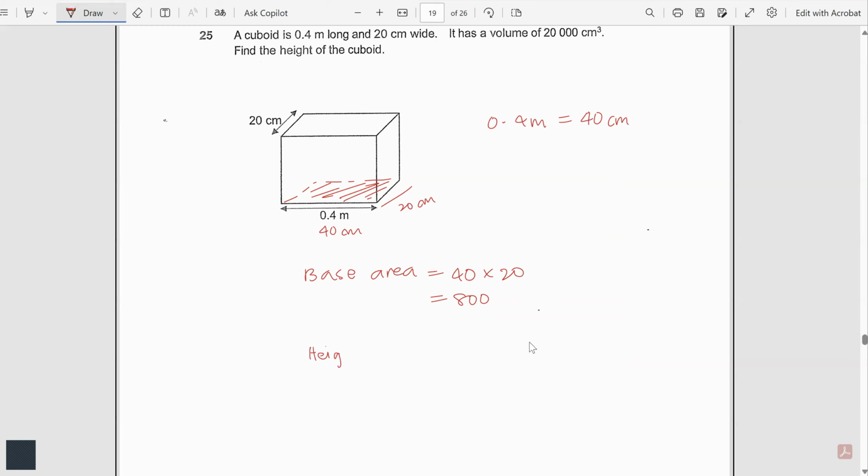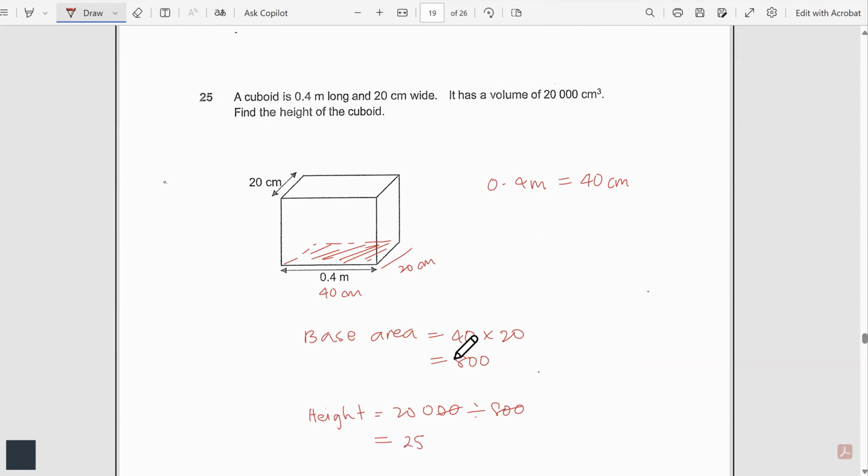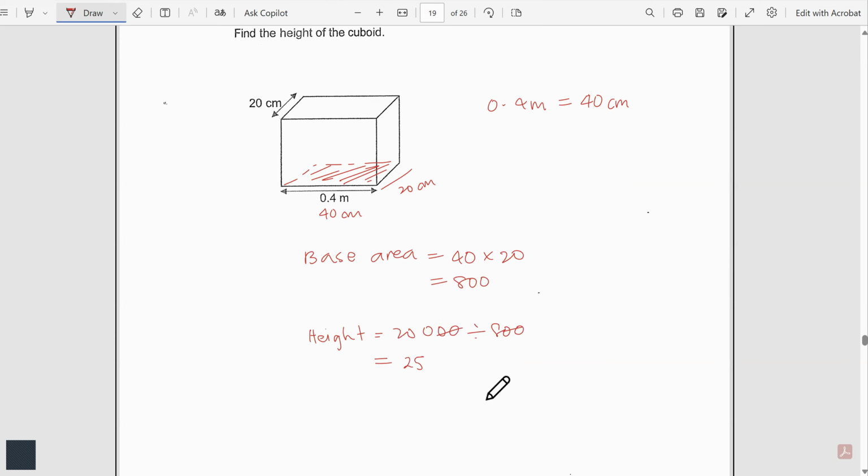So the height will be 20,000 divided by 800. So 200 divided by 8 will be 25. So the answer for the height will be 25 cm.